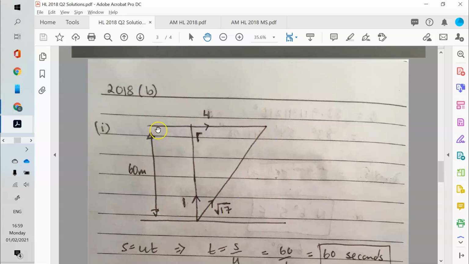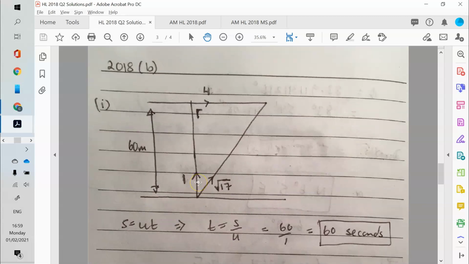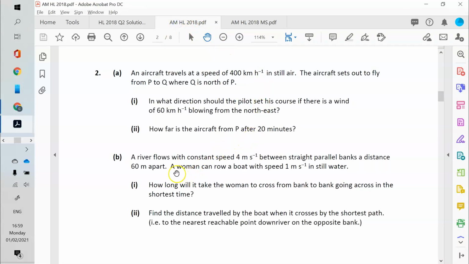So remember the banks were 60 meters apart. She could row this boat at 1 meter per second in still water, and the flow of the current was 4 meters per second. And we're being asked to find how long it will take to cross.